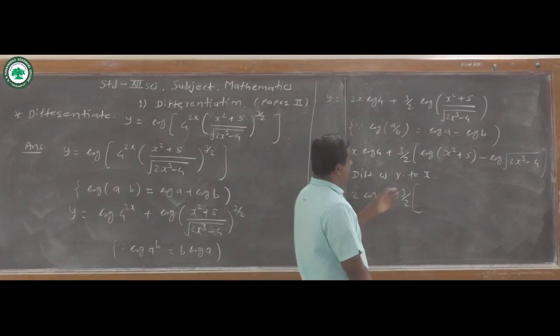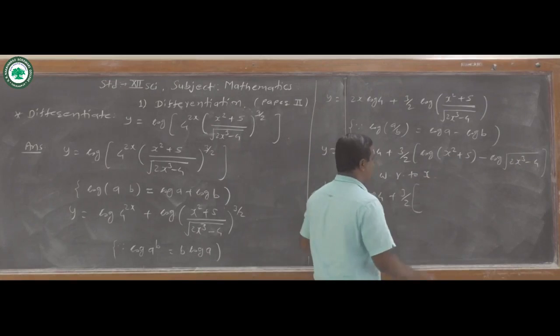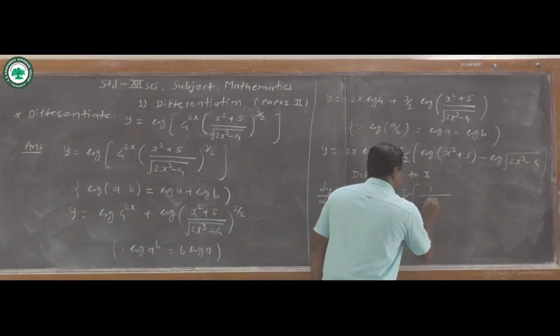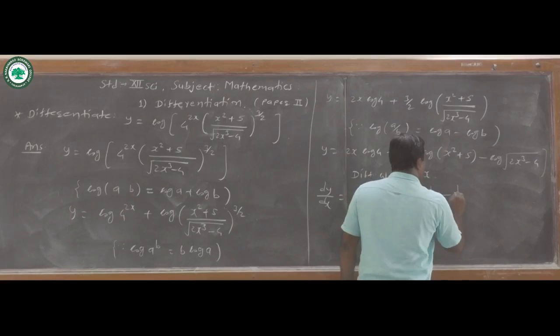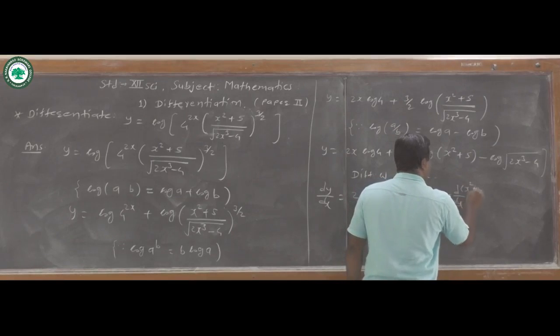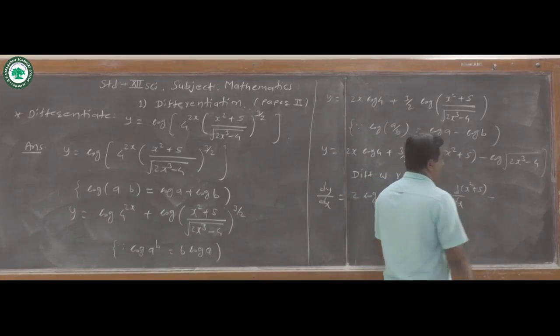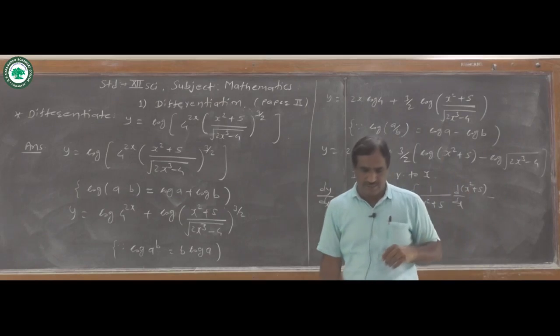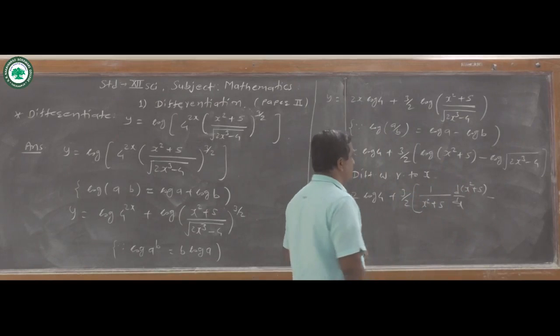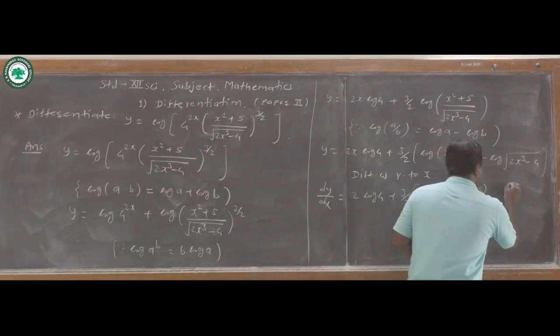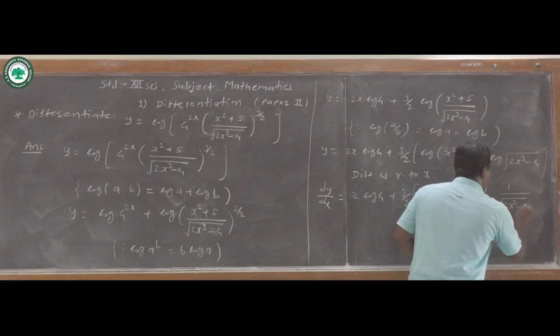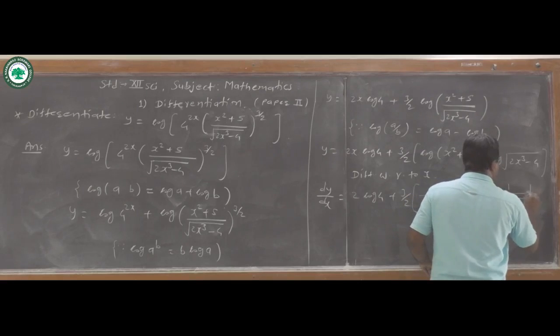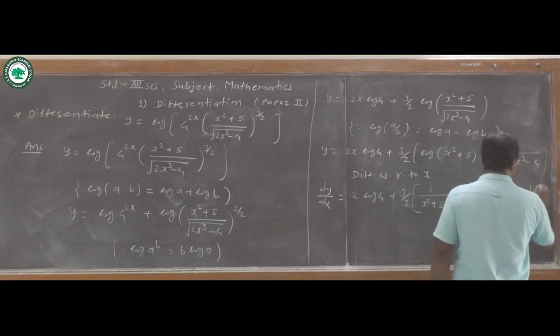Using this formula, derivative of log of x square plus 5 is 1 upon x square plus 5 into dy dx of x square plus 5 minus, here also, suppose under root 2x cube minus 4 as f of x, then derivative of log of f of x is 1 upon f of x into f dash of x, that is 1 upon under root 2x cube minus 4 into dy dx of under root 2x cube minus 4.